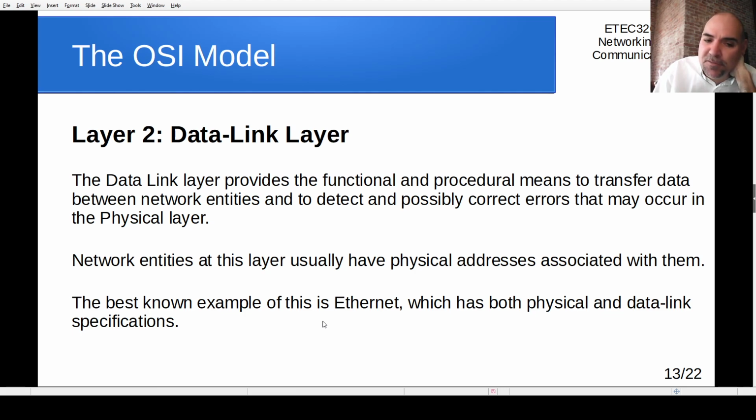And notice I said the best known example of that is Ethernet, which is both a physical specification for how things get connected and what kinds of connectors and what sorts of wiring characteristics are associated with it. And it also has the data link specifications.